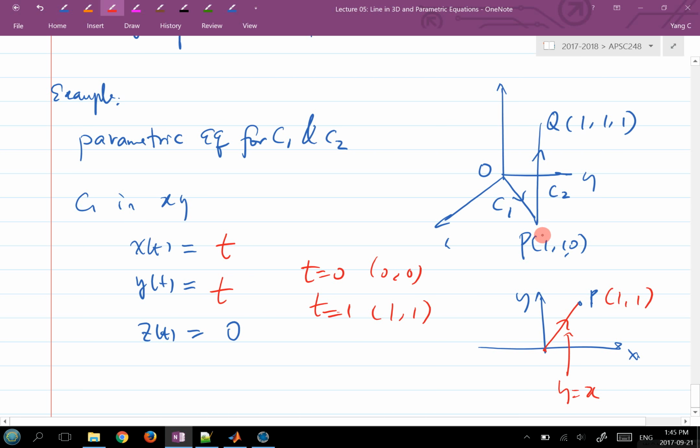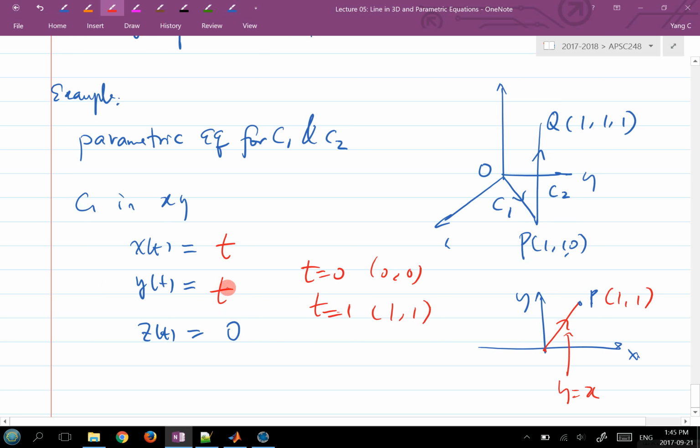The thing you've got to be careful about is if this is not 1, 1. If it is, for example, 2, 2, then you can still use t, t, but what would be the range of t now?